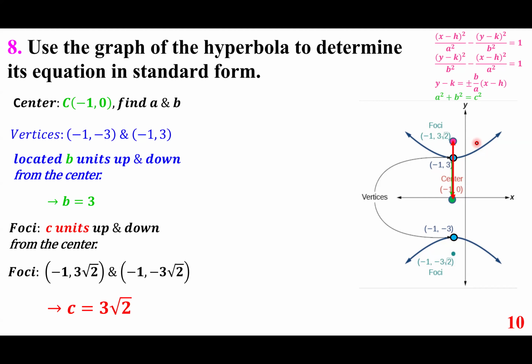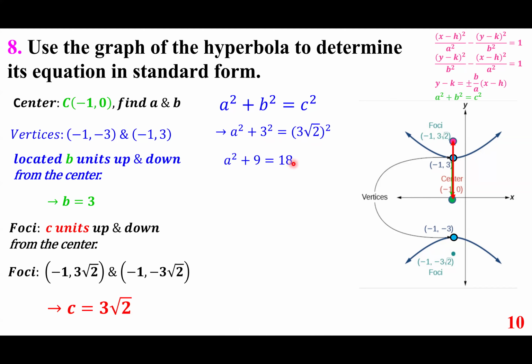Why is this important? Because a squared plus b squared equals c squared. So let's plug in: a squared plus b squared, which is 3 squared, equals (3√2) squared. As you know, 3 squared is 9, and (3√2) squared is 9 times 2, which is 18.